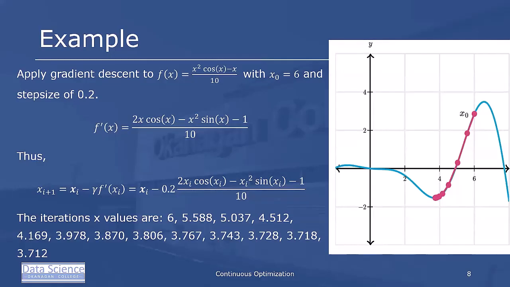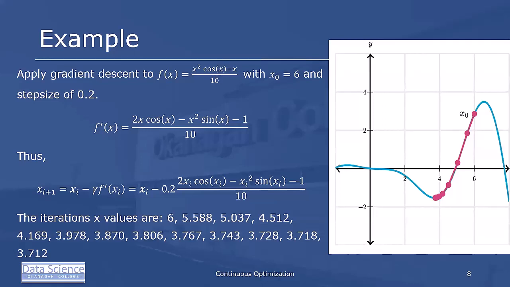In this example, we're going to apply gradient descent to the function f of x equals x squared cosine x minus x over 10. We'll start with an initial guess of x0 equals 6 and a step size of 0.2. We've graphed the function on the right. Our first dot, x0, is at x equals 6, and we'll follow its path down the gradient. We begin by finding the derivative.